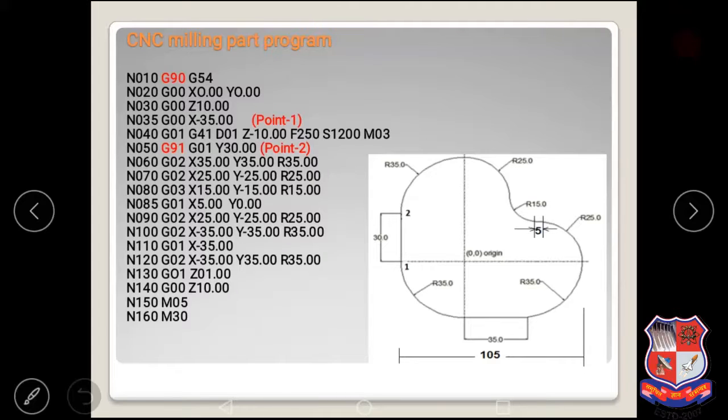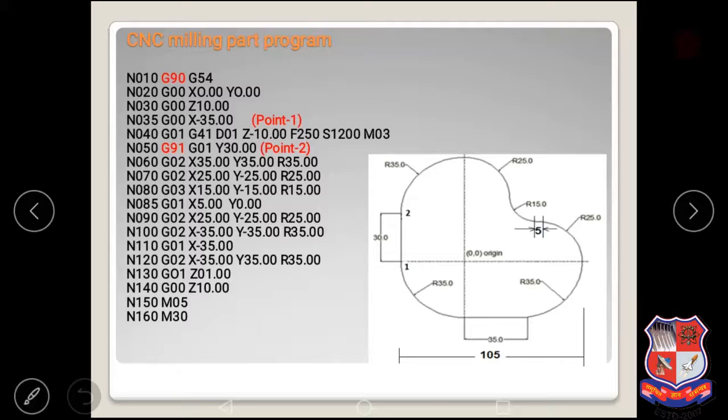And the third thing is the compensation. Radius compensation is an important factor before starting to write the program. About the programming mode, we can use G90 or G91, or we can start with G90 and change it as per our requirement.